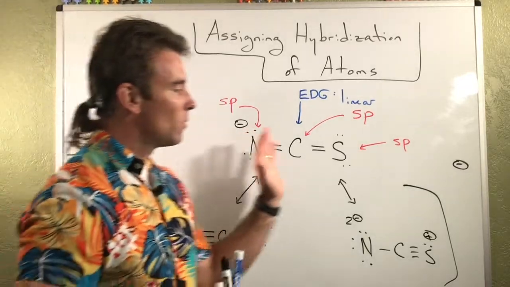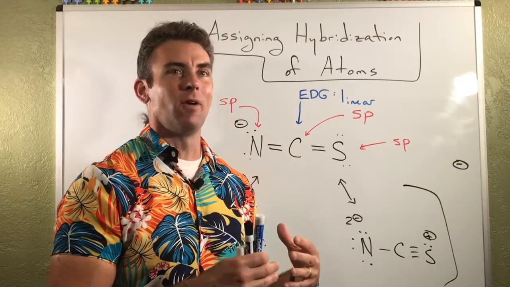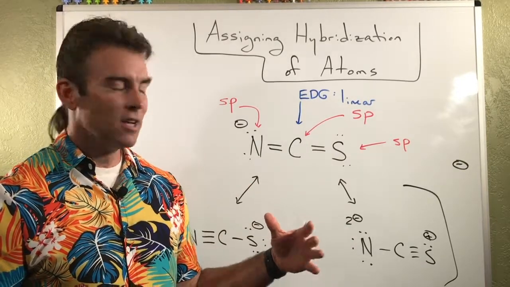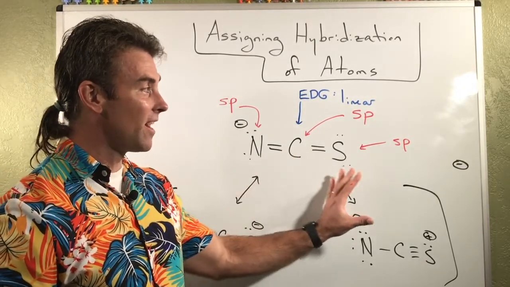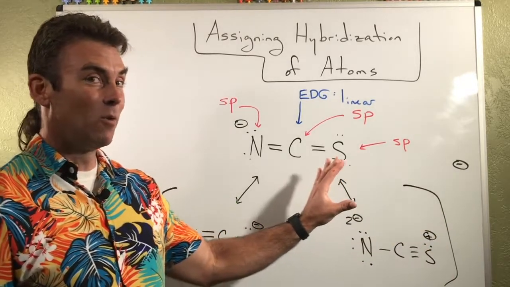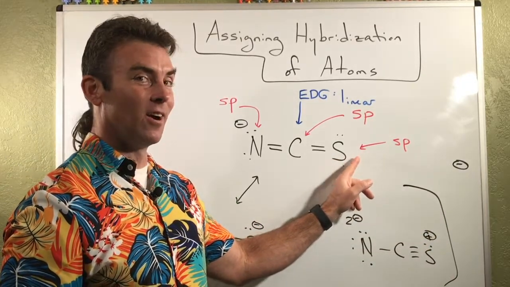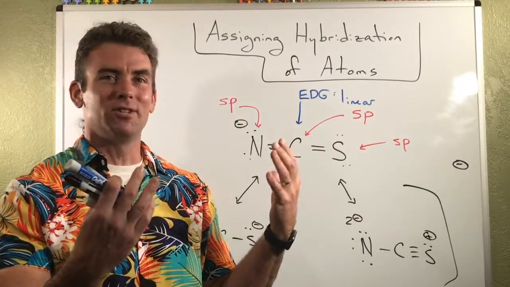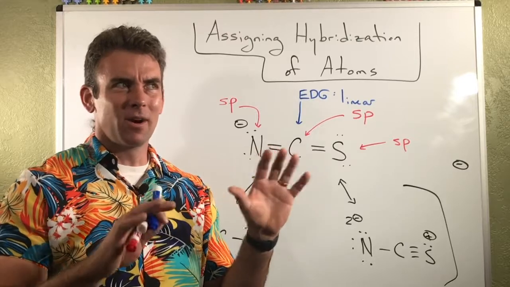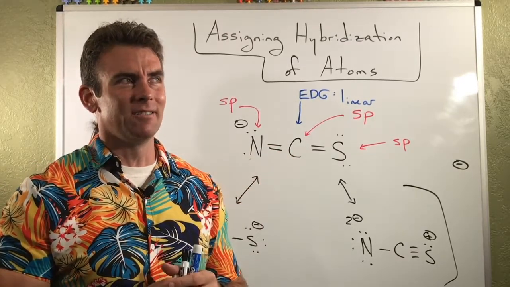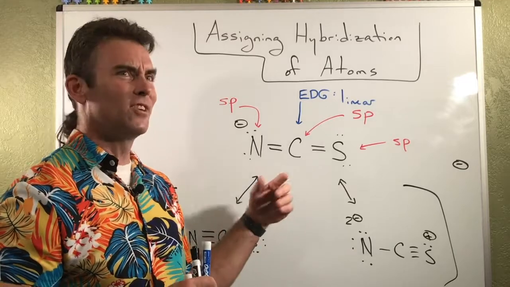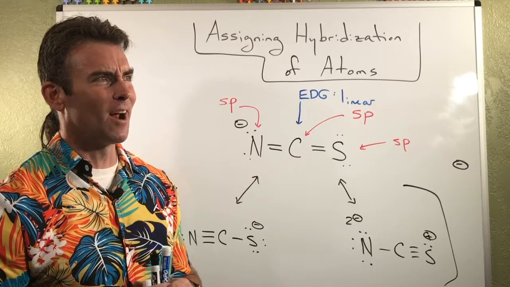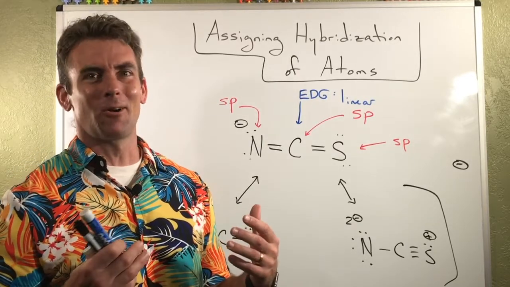What we'll discover is that something like this, which we already talked about, is not a really likely resonance form. So we could almost even leave that off the list completely, which would really change our answer here. But just to stay consistent with this already bizarro theory, asking about the hybridization of that sulfur is almost answering a very esoteric and unrealistic question.